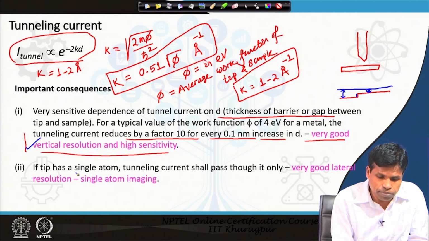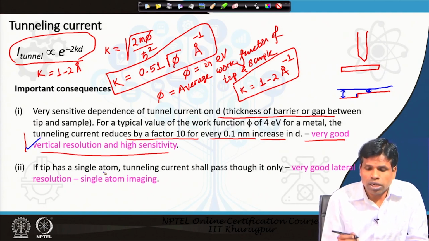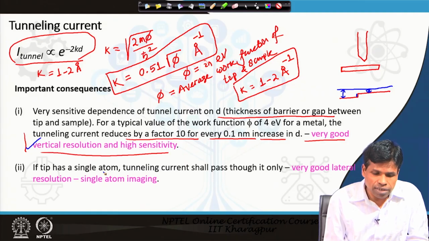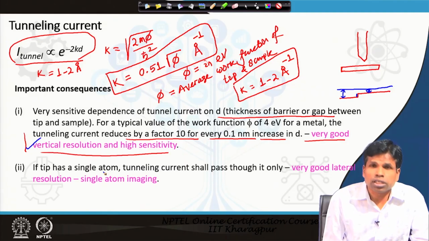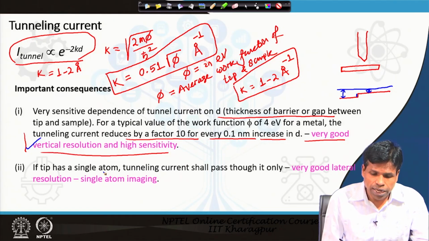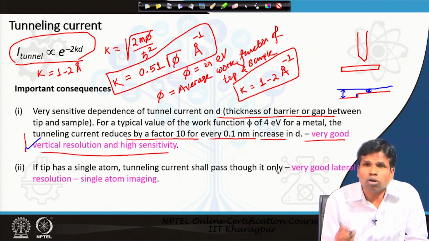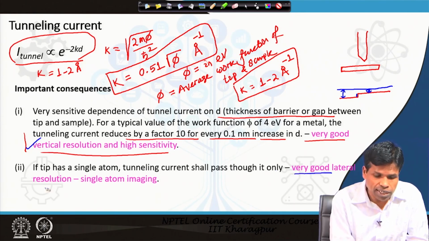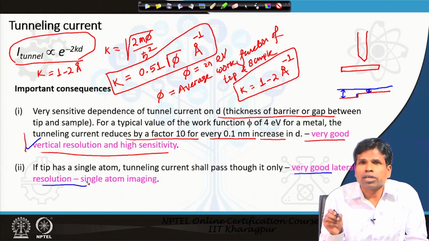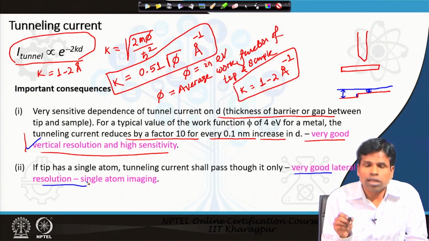And second, if the tip has a single atom, as we discussed earlier for STM, the tip has to be a single atom, then only can we get information at the atomic level. The tunneling current will pass through only one atom, therefore very good lateral resolution, because atom by atom we can detect and image single atoms.